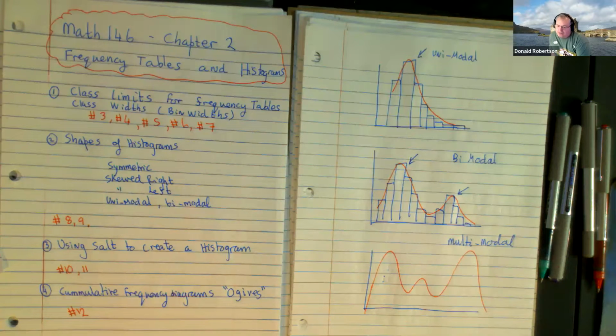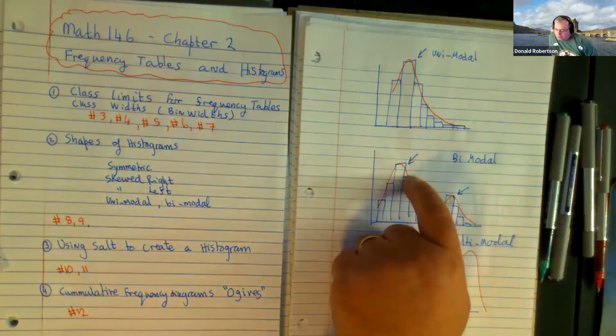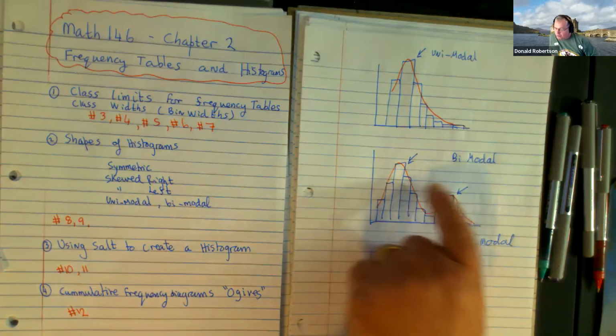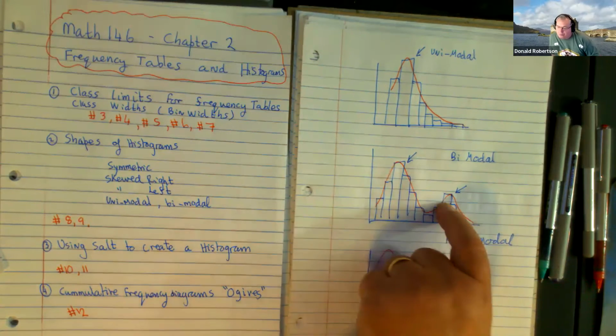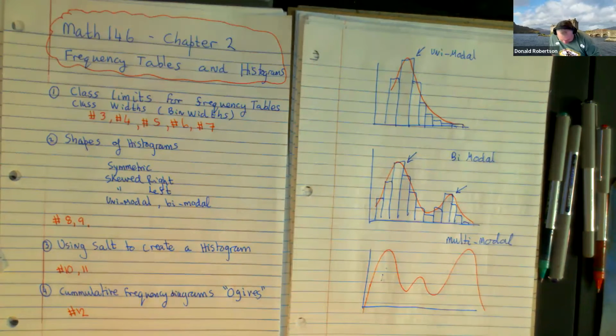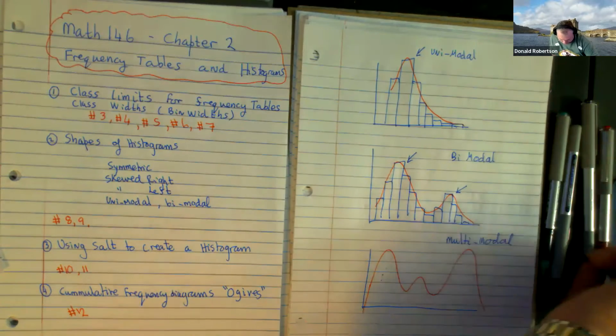Now, data does come out in a multimodal way and in a bimodal way. Bimodal, for instance, can very often happen, being sexist here, but it's still true.